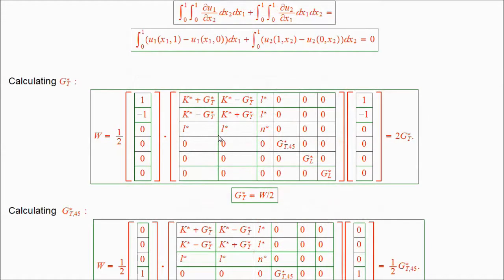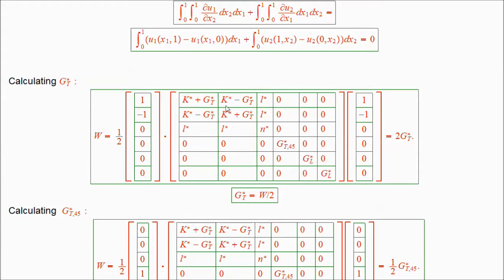Let us now turn to the calculation of GT star. If I add this average strain vector, 1, minus 1, not 1 as for the calculation of the bulk modulus K star, but minus 1 in this case, and the same values for the rest of these average strains, namely 0, 0, 0, 0.